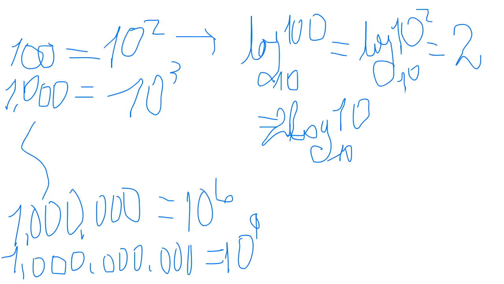Why? This is possible because what is log of 10 to base 10? What do you think it is? Log of 10 to base 10 is simply 1, isn't that right? Because it's 10 raised to 1, and 10 raised to 1 is itself.